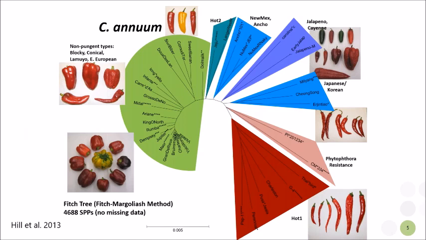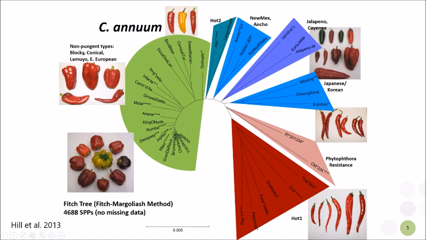This is a slide taken from Alan Van Dynes' publication in 2013, showing the diversity of different annuum types, using gene chip technology.